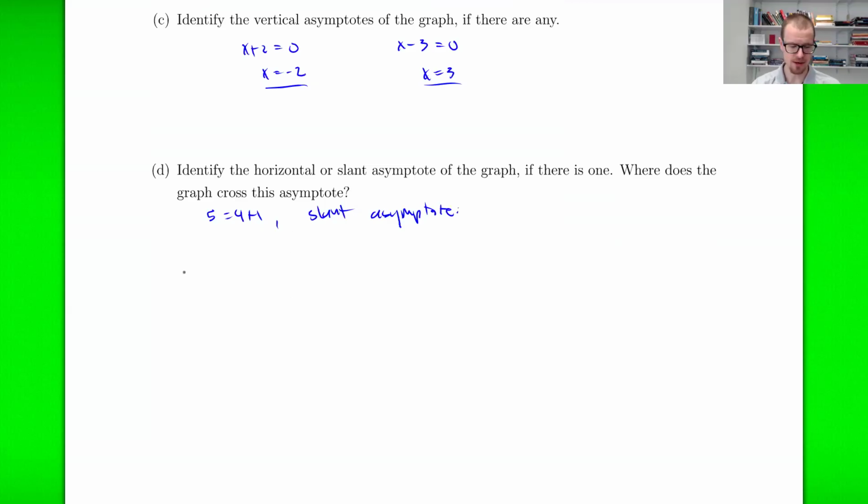What we have as our divisor is x to the 4th minus x cubed minus 10x squared plus 4x plus 24.